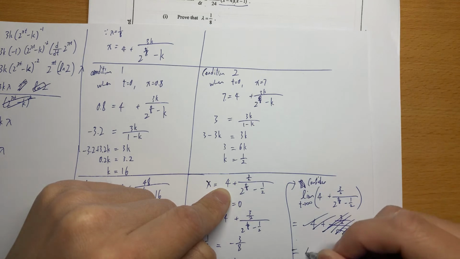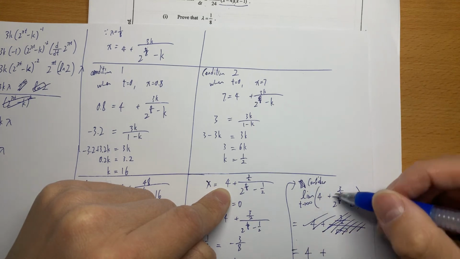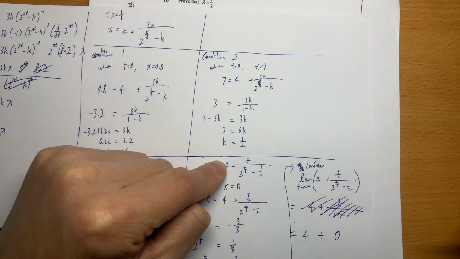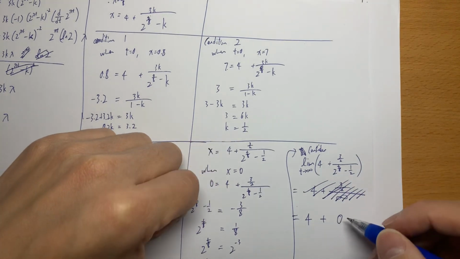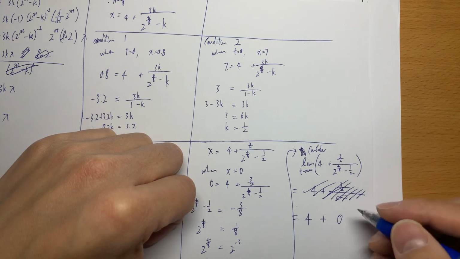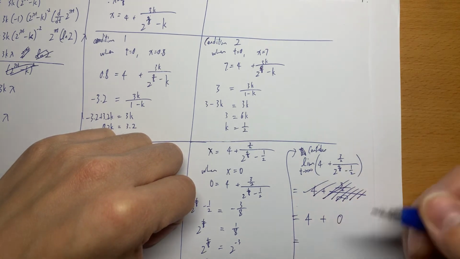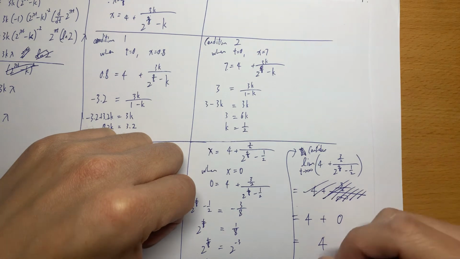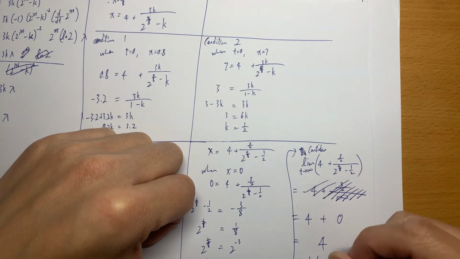In the exam, you just simply write 4 plus, because it's divided by a really large number, it returns to 0. You don't need to explain, but make sure you write down this step, replace this part by 0. Otherwise, maybe you lose some method marks. So this is 4. x will equal 4, that means x will tend to 4 after a long time.